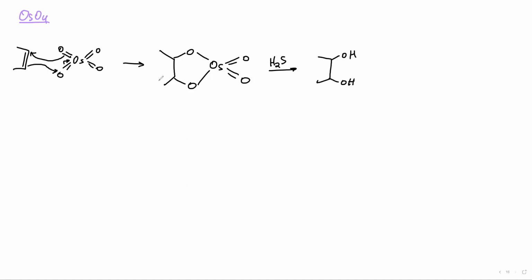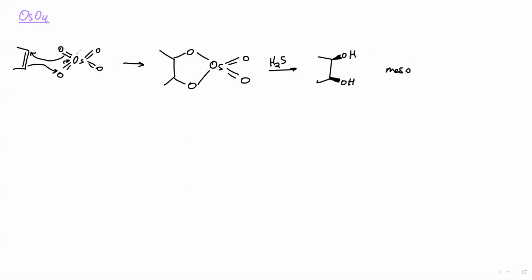Just like with H2/Pd and BH3, our other syn additions, because we're delivering to the same face, this has to be a syn addition. And just like with H2/Pd, whenever we deliver two of the same things, and same thing with X2, we have to consider: is there a way to make this a meso compound?